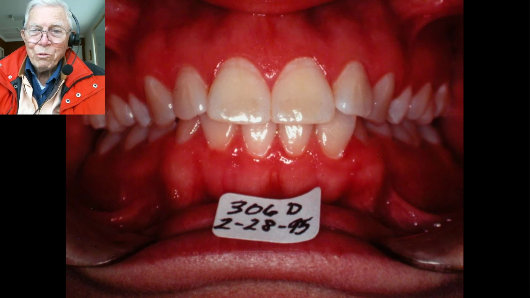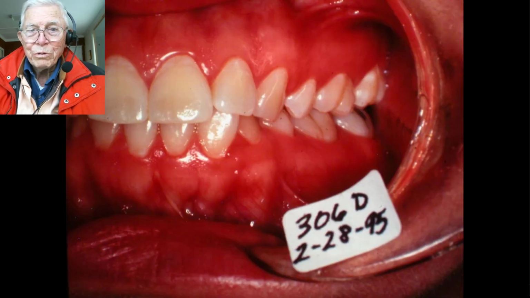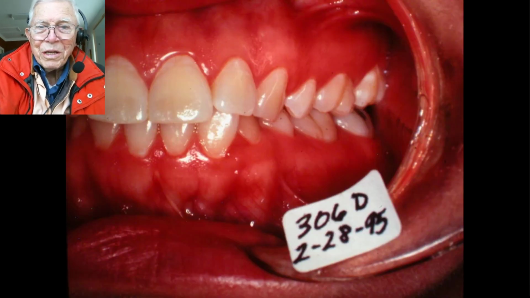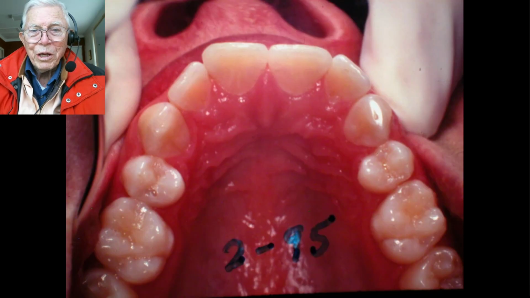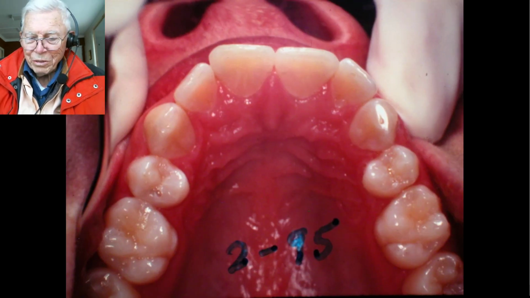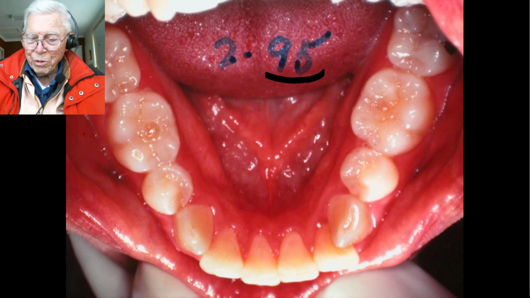I don't guess she wore one hardly at all, and there's a little flaw in it, but her teeth are pretty well straight. If she had worn a retainer good, that wouldn't have happened, but she's not used to wearing retainers, and the teeth have moved some, but this is 1995 compared to 77 when we got through with that.